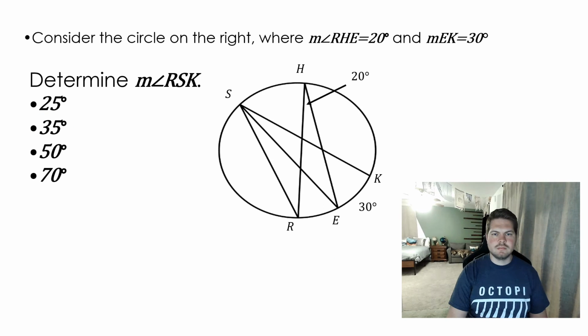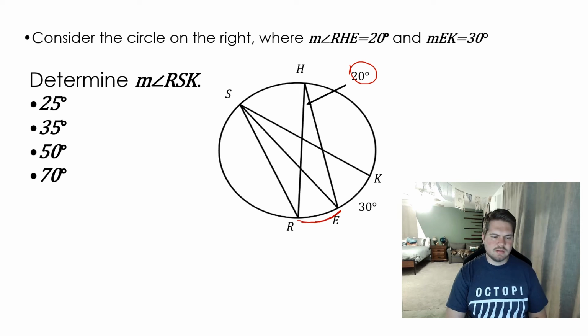All right. So here's another way you can solve this equation. So we know that H is 20 right here, and then we can look for RE, and we already know EK. So if we did 20 times 2, we get RE is 40.